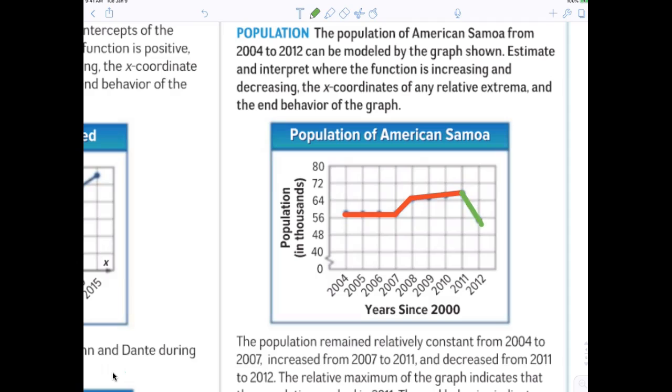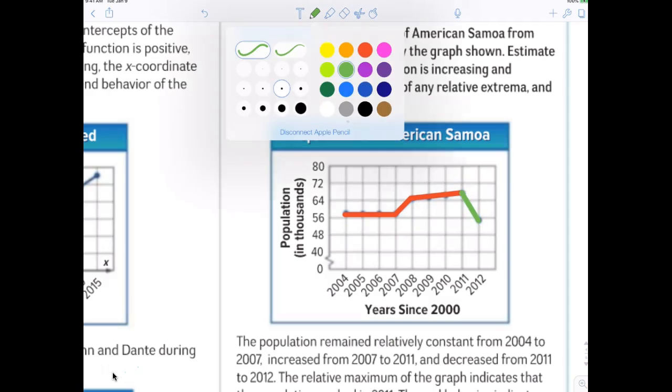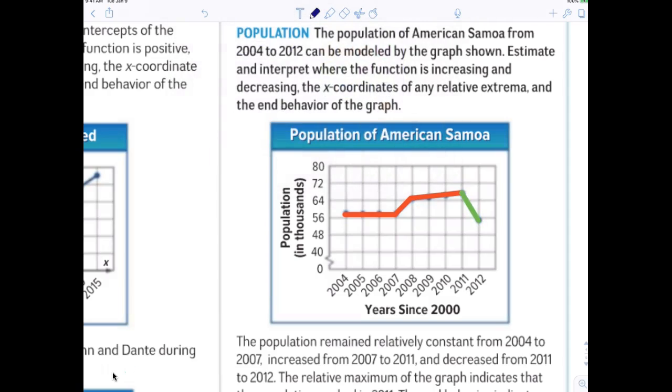From here to here, it's decreasing. So from here to here, it's constant, and then the red is when it's increasing. The green is where it's decreasing. Is everybody okay with that? Any questions?